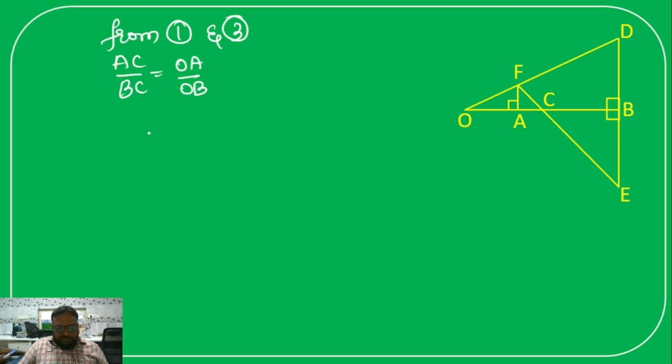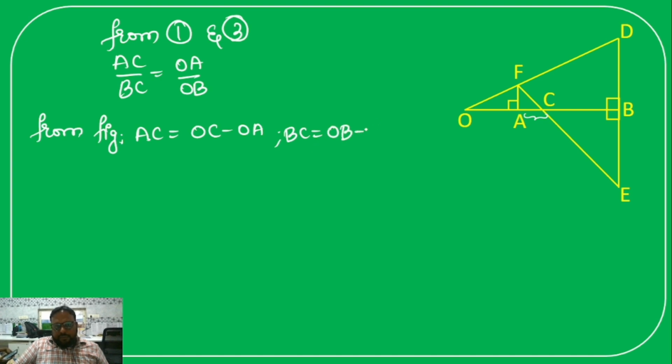Now the next condition is, check it out from the figure. This is AC. AC, I can write as OC minus OA, right? This complete OC, from this if I remove this OA, I'll get AC. So AC is equal to OC minus OA. Similarly, BC I can write as OB minus OC.